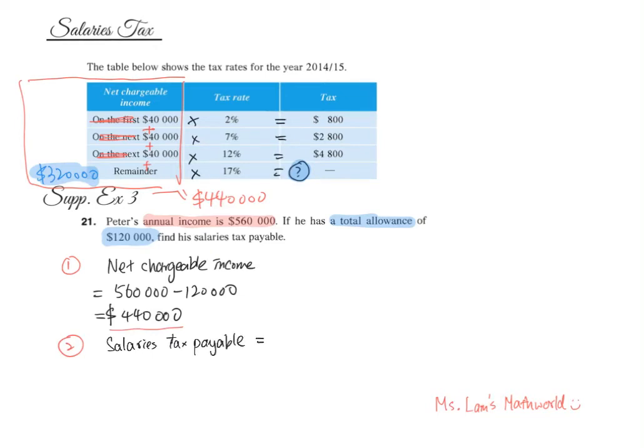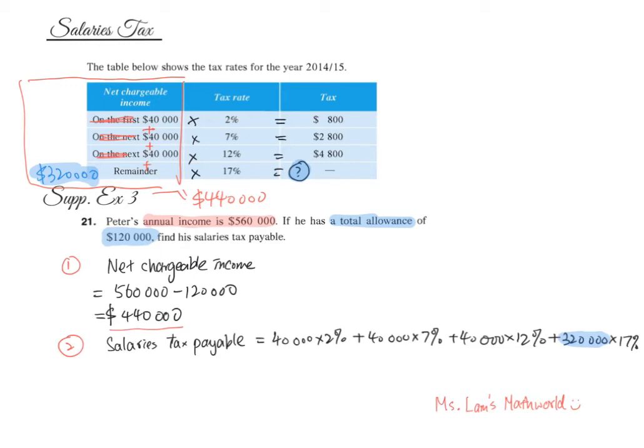It will have 4 different parts. First part times 2%, that means 800. Second part times 7%. Third part times 12%, and then the last part, the remainder, times 17%. For this value, you can just put it directly as the remainder. So we got the remaining one.